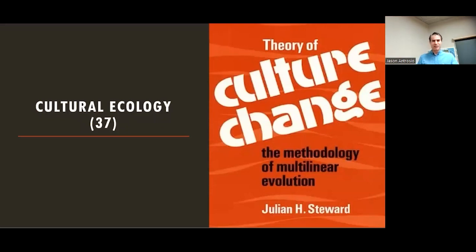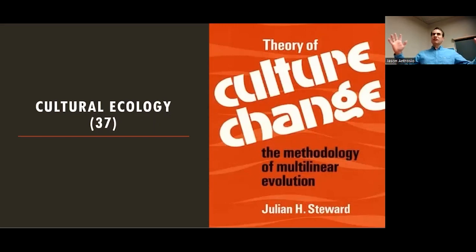Julian Steward. There you have it. Culture change, multilinear evolution. So let's say you got your environmental determinists over here, countered by the cultural determinists over here, and they fight it out for a while, fight to a draw, and then Darwin's over there.